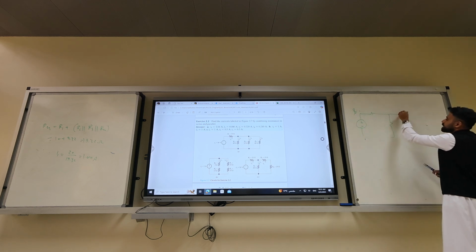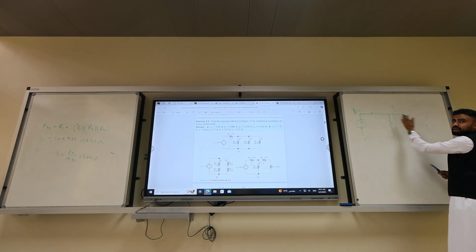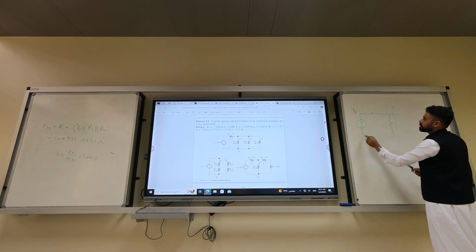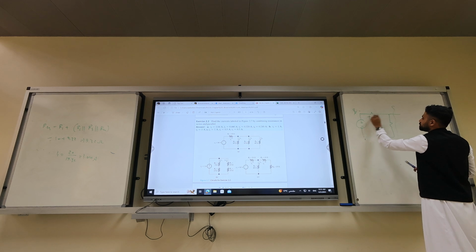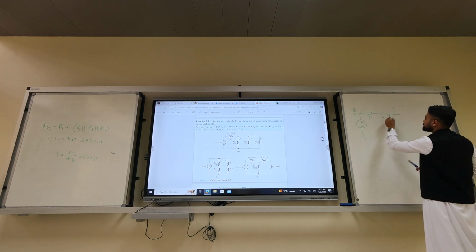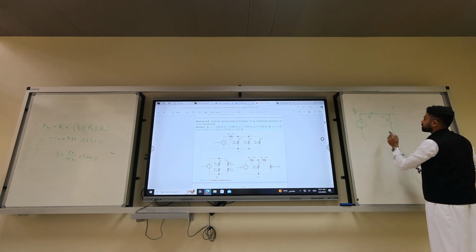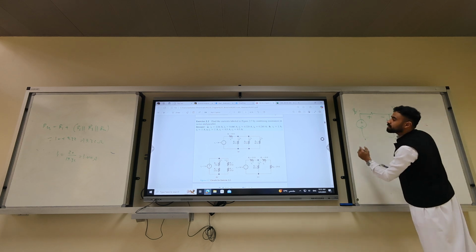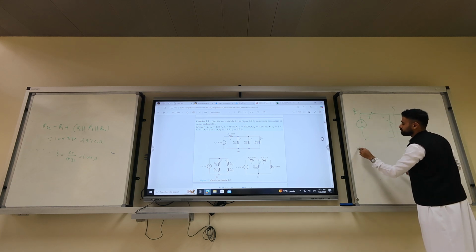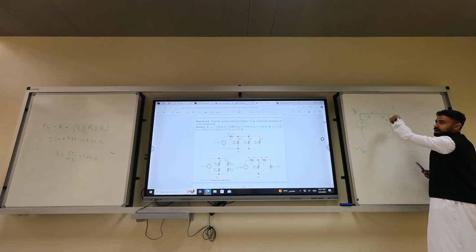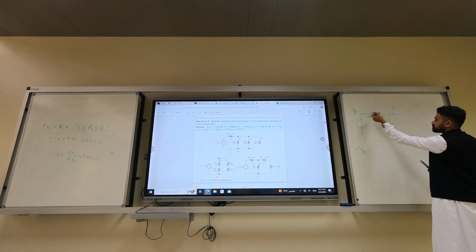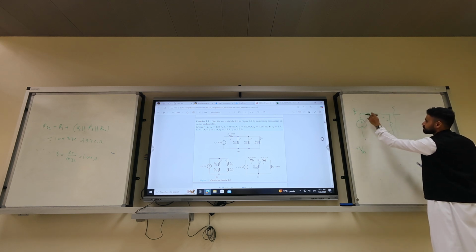Now again, I don't care about whatever I see here. Voltage rise or voltage drop? Put the polarities. Okay. So this is VR1. Rise or drop? That's negative.